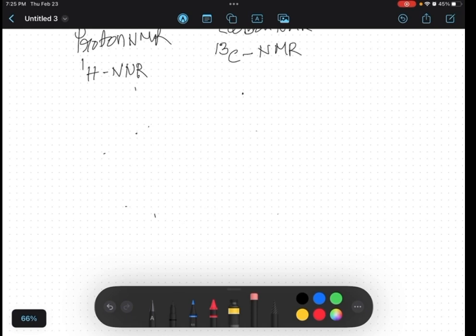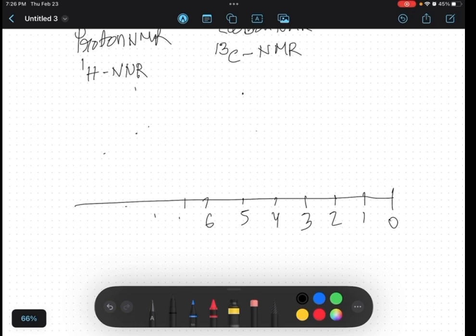The very first thing we want to know is that the more the proton is dancing, the less magnetic field it will require. In the scale of the proton NMR, it starts from 0, and then 1, 2, 3, 4, 5, 6, 7, 8, 9, 10, 11, 12, 13, 14.